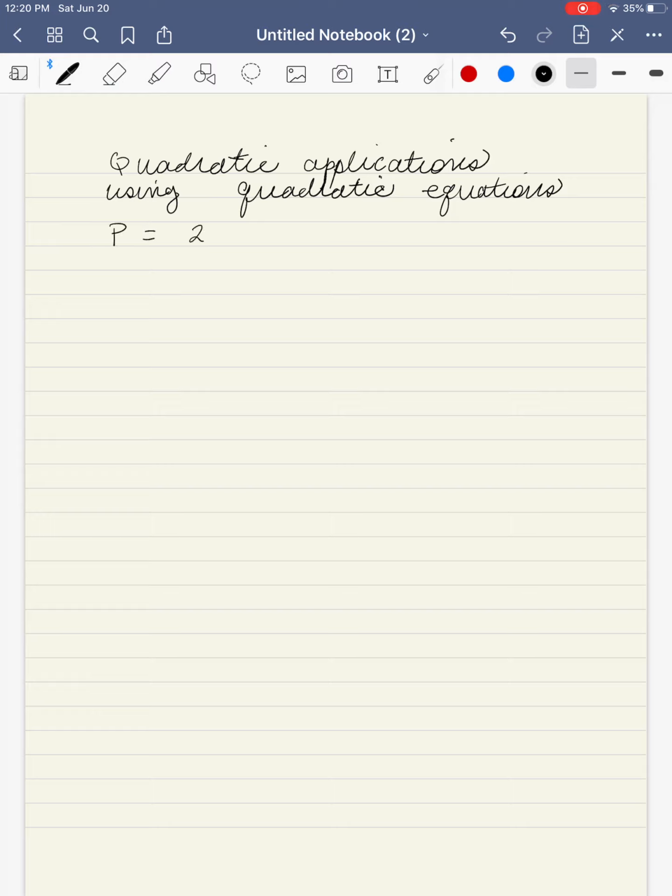We've already used the perimeter formula for a rectangle: 2 times the length plus 2 times the width. We're also going to see that our area formula is length times width. And we're also going to use what's called the Pythagorean Theorem.